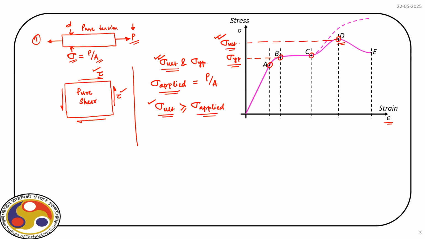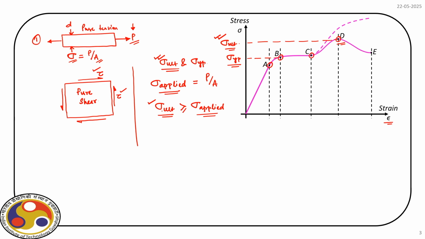Then as a designer, we do not design a structure to actually go up to this point. The reason is, the structure will be safe, but once it reaches this sigma ultimate, obviously it will cross this point A and B, and therefore there will be a permanent deformation, and in some cases it may so happen that the structure is not usable at all.